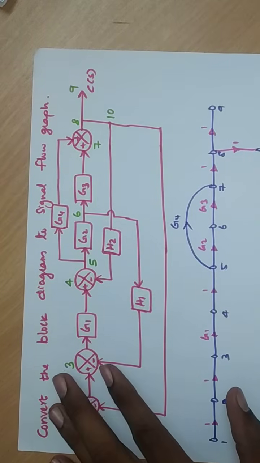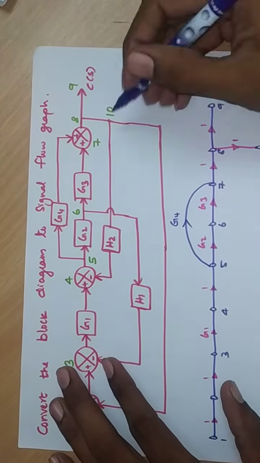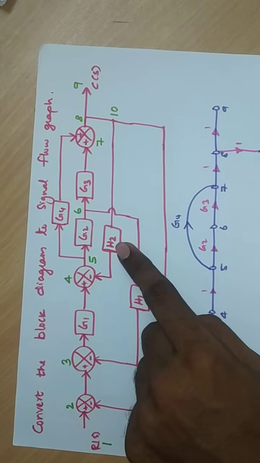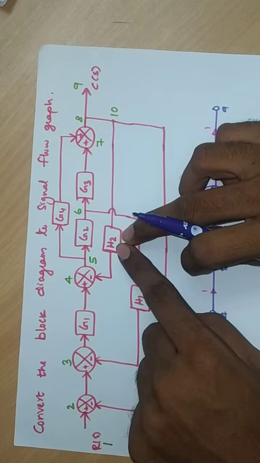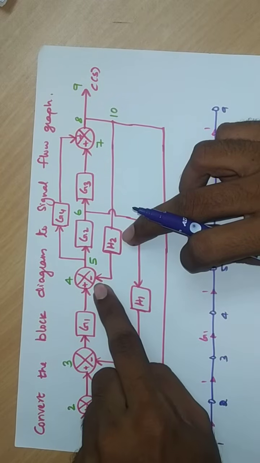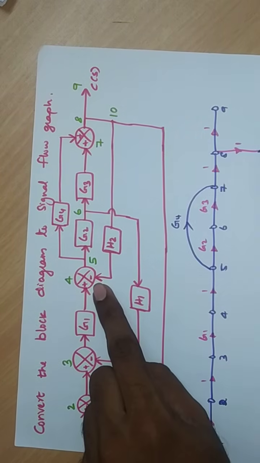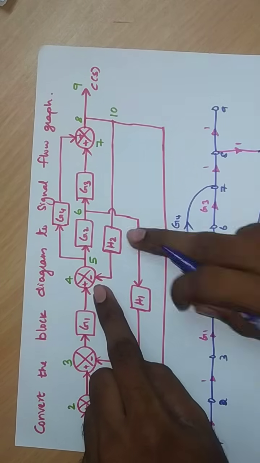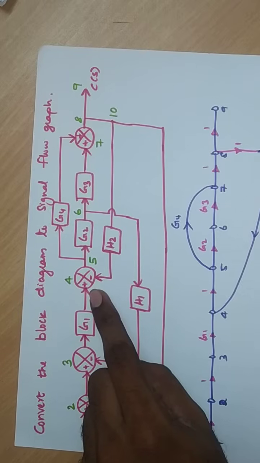Now from the 10th node itself, one feedback element, H2, is taken and joined at the 4th node. 10 to 4, this is the exact connection. This is H2, subtracted here, so minus H2.